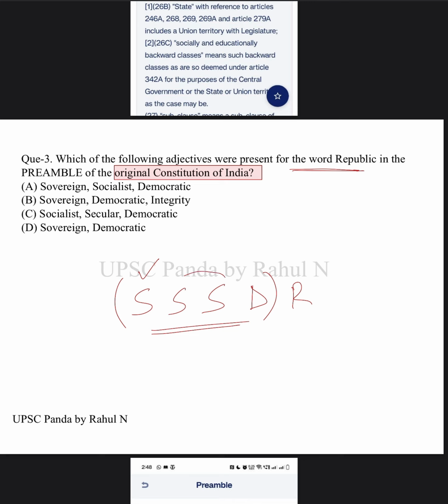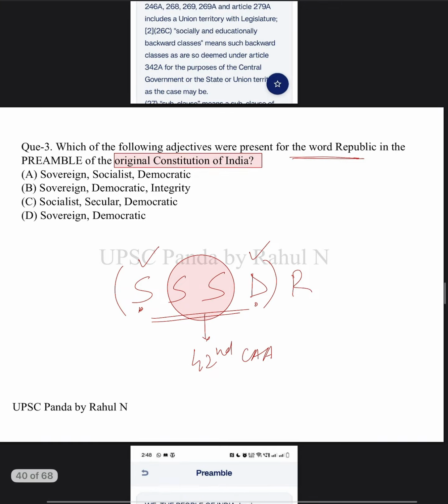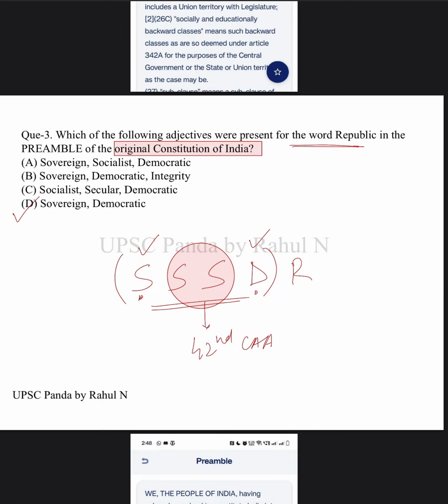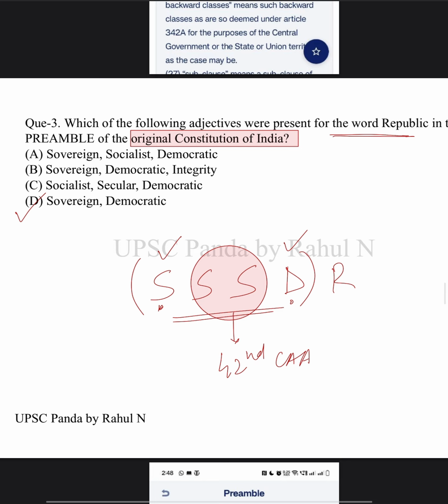Socialist and secular were later added through the 42nd Constitution Amendment Act. So democratic and sovereign, these two words were there. So the answer is D, democratic and sovereign. ये ओरिजिनल वर्ड यहाँ पे आपको ध्यान रखना था, ये मिस नहीं करना है. ठीक है.